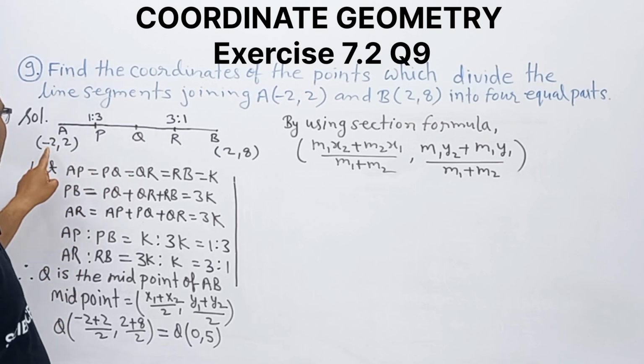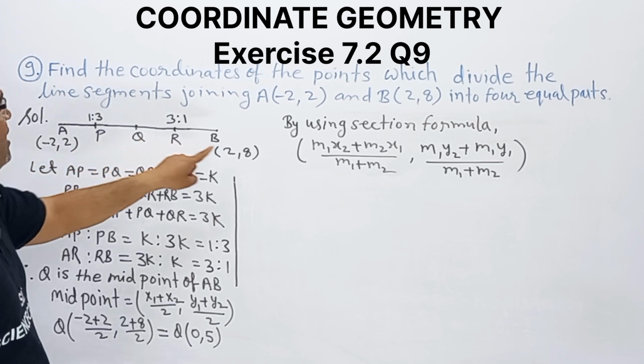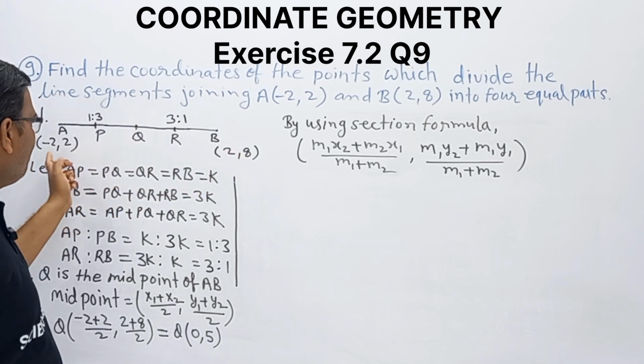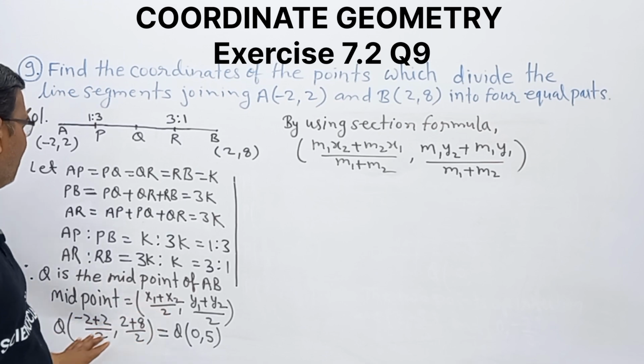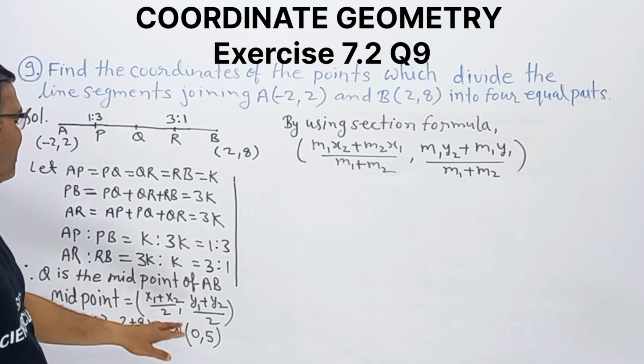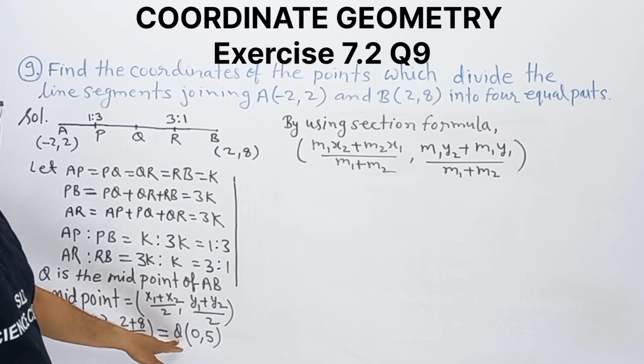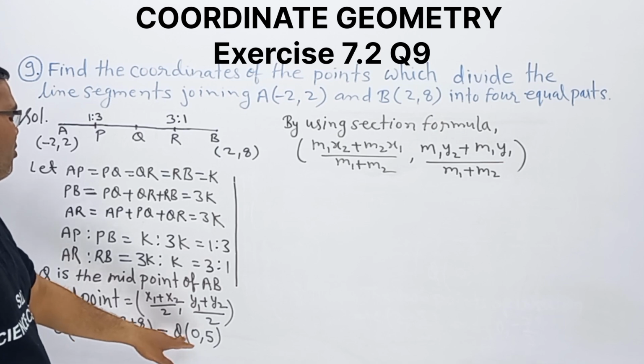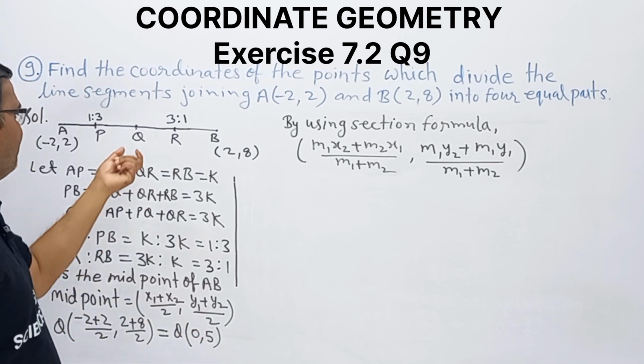Here x1 is -2, y1 is 2, x2 is 2, and y2 is 8. We put these values in the formula and solve, and we get the coordinates of midpoint Q as 0, 5.